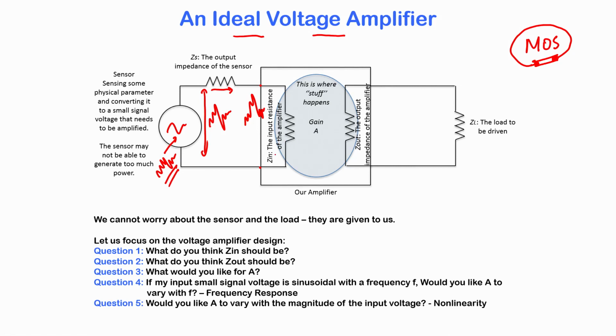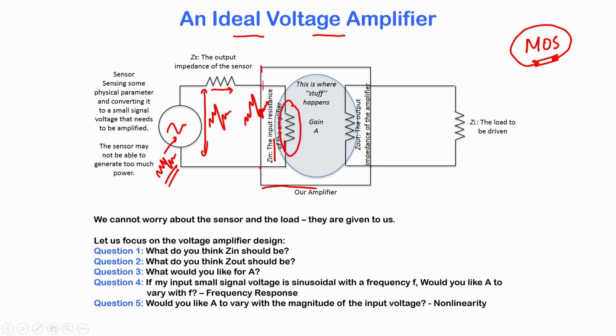Now, the voltage amplifier is this circuit that you see inside this box, and it has an input impedance. So, you have this voltage appearing across an input node of the amplifier. The input impedance is the place where the amplifier actually picks up your signal.